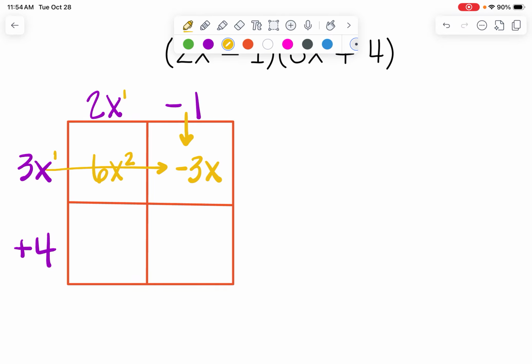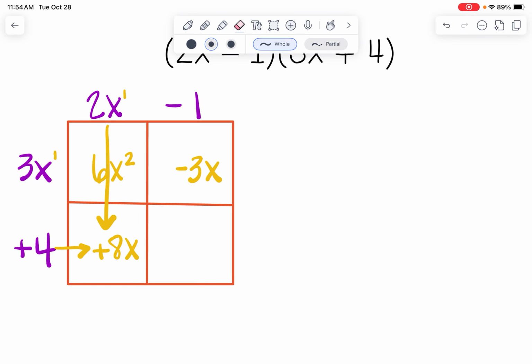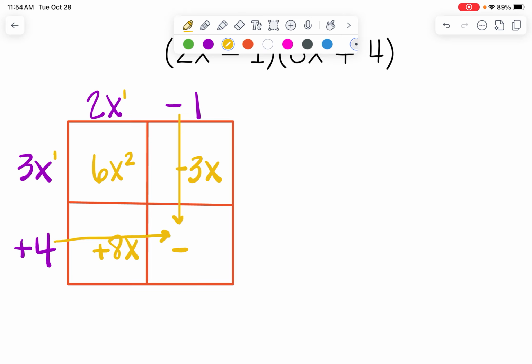So multiplying a -1 times a 3x is going to give me -3x. All right, I'm going to move to the bottom left box. So I'm going to multiply 2x times +4, which is going to give me +8x. And yes, I'm going to put the sign in front of it because I want to make sure that I know it's positive. And then my last lower right box, I'm going to multiply -1 times +4, which gives me -4.